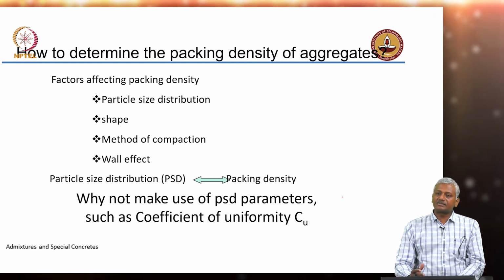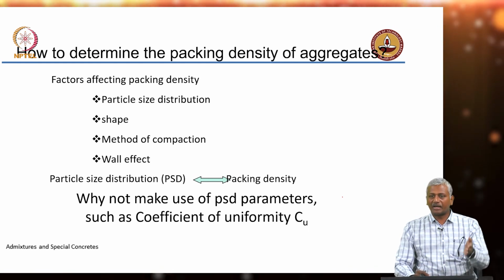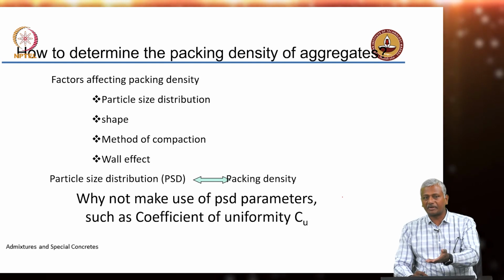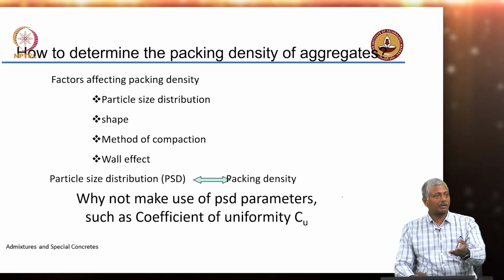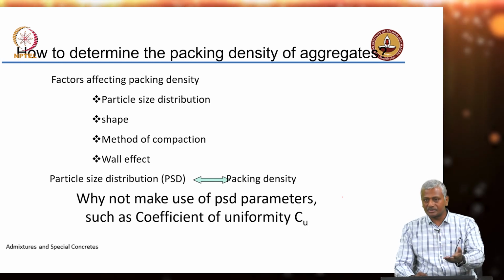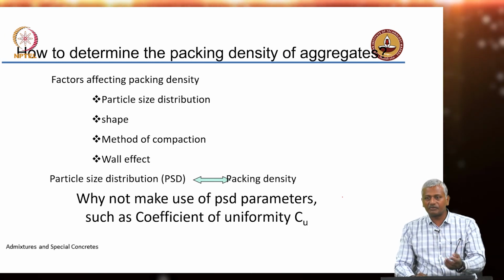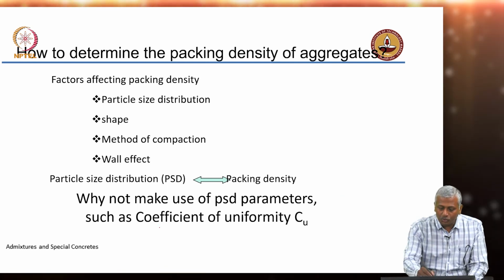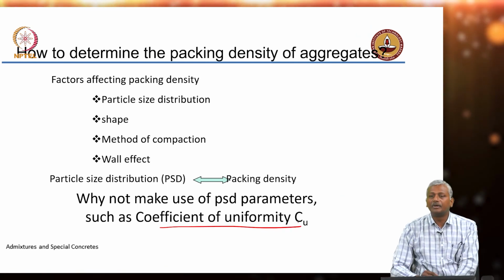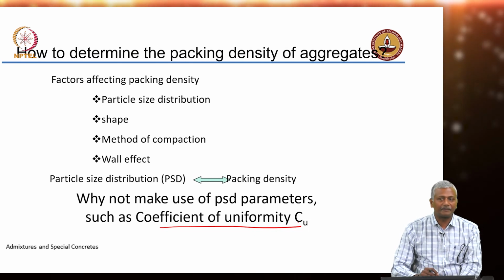So how is the particle size distribution curve represented? You have a cumulative percentage finer versus the particle size, and if you remember your PSD calculations, you describe various coefficients, coefficient of uniformity, coefficient of curvature, and so on. So here we chose to use one of these PSD parameters, the coefficient of uniformity.